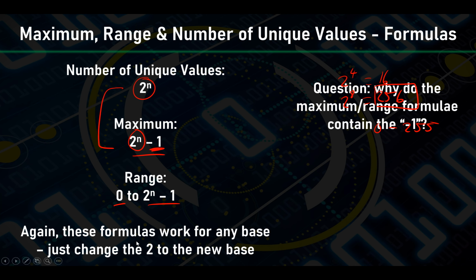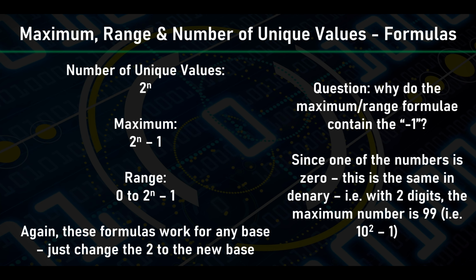So let's just erase that. Why do the maximum and range formulas contain the minus 1? As mentioned, that's because one of the numbers is 0. Let's say we just had 2 bits. We can represent these different values: 0 0, also 0 1.